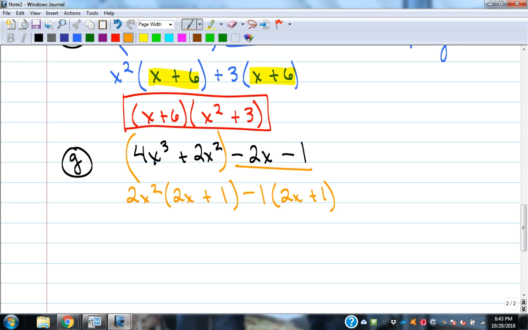A positive 2x. What times negative 1 gets me a negative 1? A positive 1. Okay? Notice that the parentheses do what? They match. That means I did something right. Okay? My factors at the end, 2x plus 1, 2x squared minus 1.